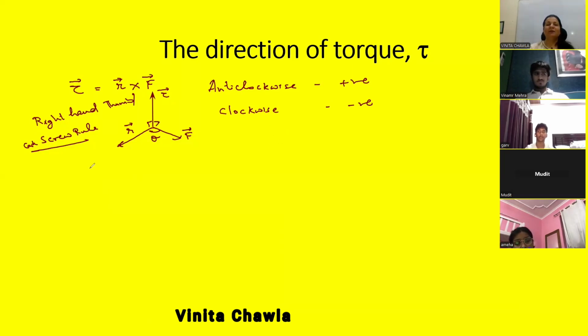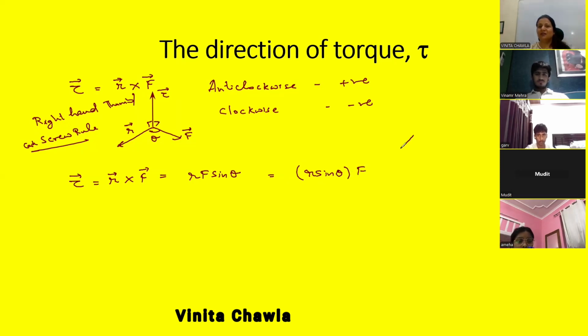Because torque is r cross f, we can write this as r f sin theta, or we can write this as r sin theta into f. Now what is this r sin theta?